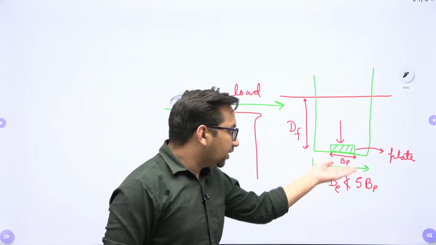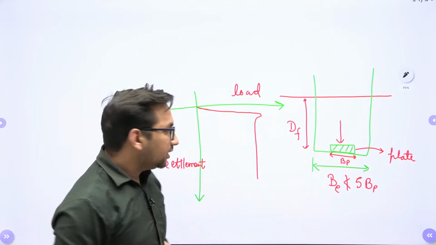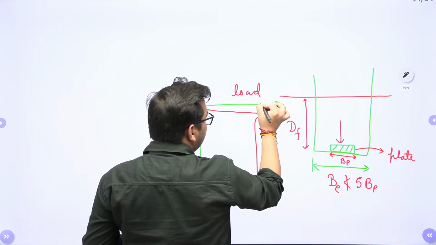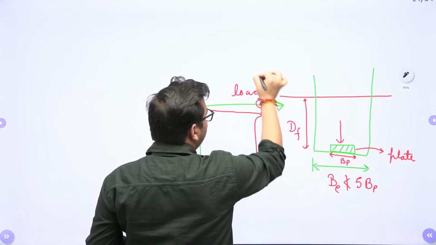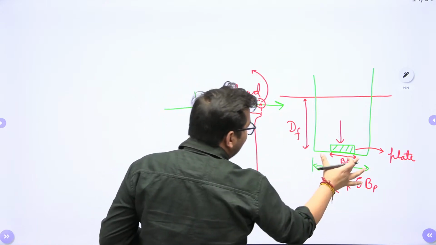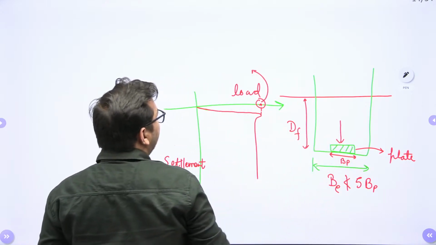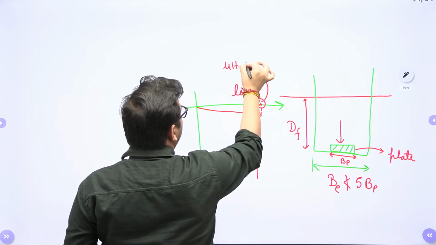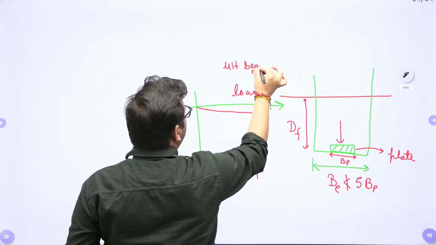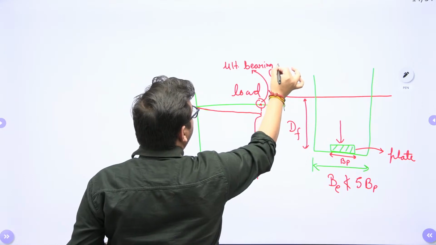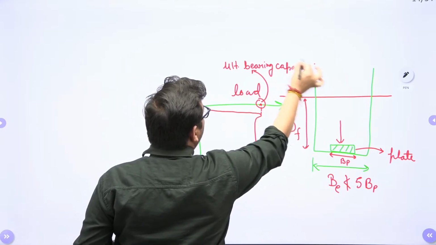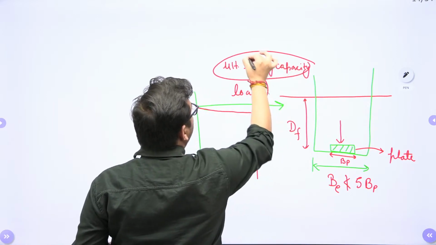Your soil is going to fail in shear, right? And the corresponding load value you can note down. If you divide this load value with the area of the plate, you will get the ultimate bearing capacity of soil, but corresponding to plate.